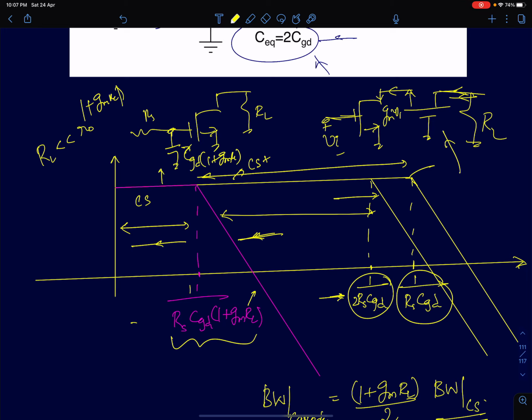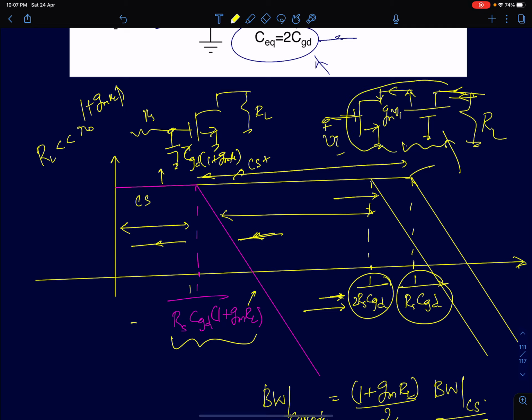Gain increases, bandwidth reduces. But in case of a Cascode amplifier, the bandwidth is immune to gain. It is always 1 by 2 times Rs into CGD. That's the major advantage in a Cascode amplifier. It solves this problem of bandwidth reduction in a common source amplifier by introducing a common gate amplifier in between this common source, the amplifying device, and the load resistance.